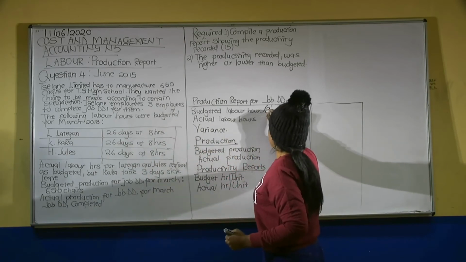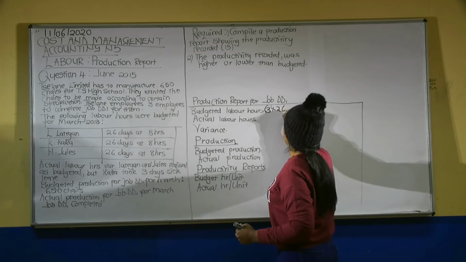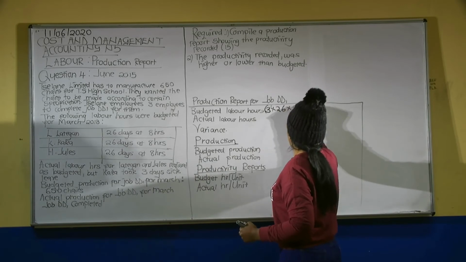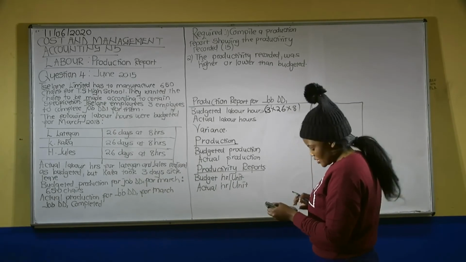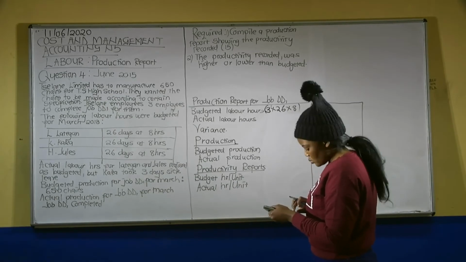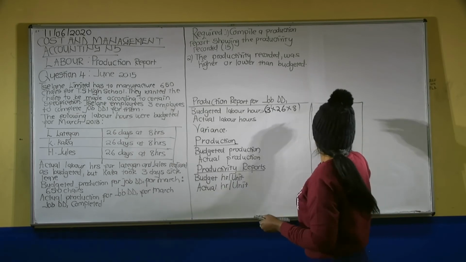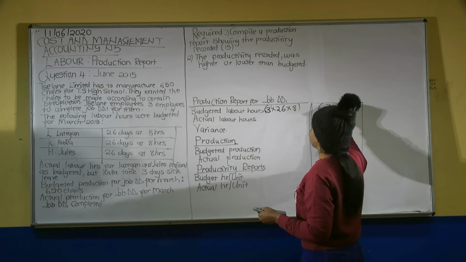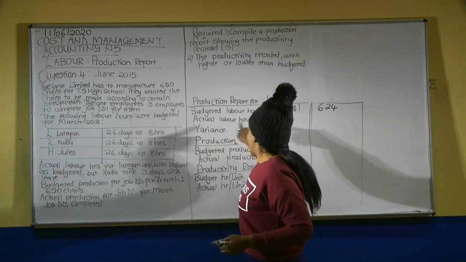You open a bracket: 3 employees multiplied by 26, then multiplied by 8 hours. If you punch your calculators, 3 multiplied by 26 multiplied by 8, you get 624 hours.